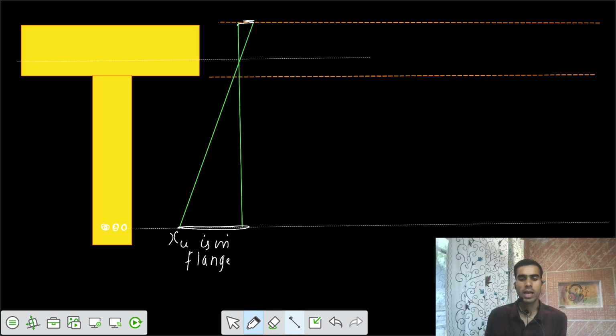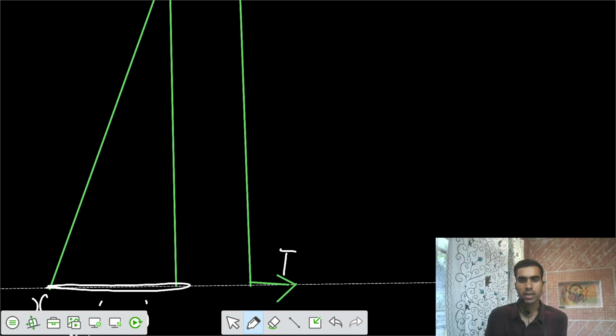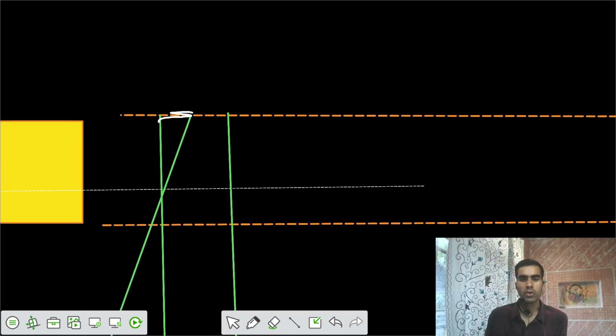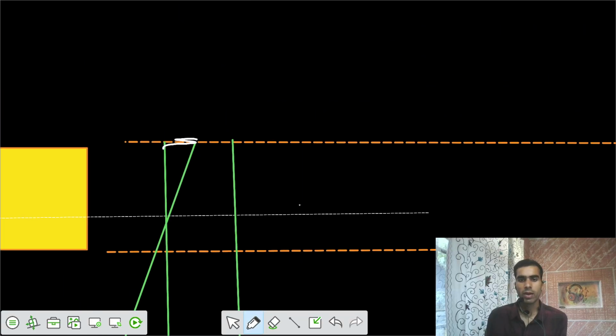So for the first case, can you draw the stress block? There is some T force, which we know is 0.87 fy Ast, and there would be some stress block. Because the neutral axis is in the flange portion, the entire concrete compression stress block is included here only.